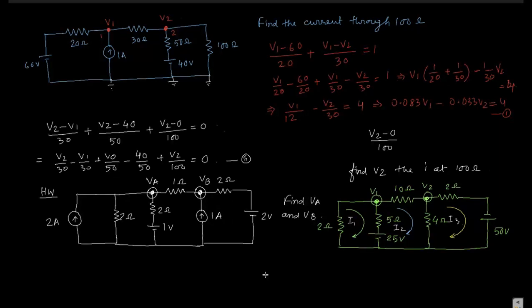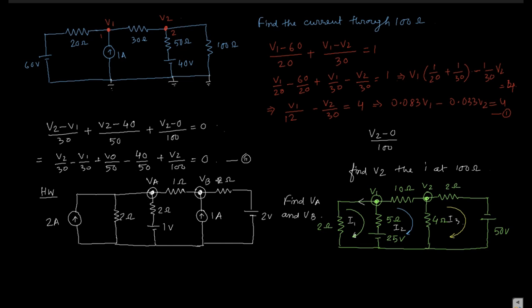The direction of the current you can consider like this, and like this. When you start to solve this numerical, you assume that all the currents are coming out from the node.